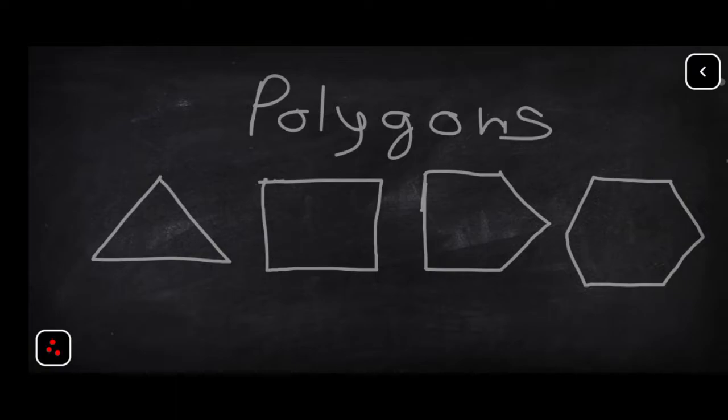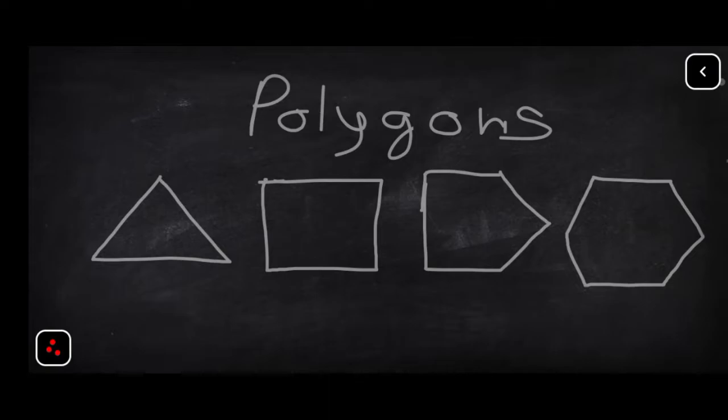Polygons with 3 sides are called triangles. Polygons with 4 sides are called quadrilaterals. Polygons with 5 sides are called pentagons, and so on. Because this chapter is on quadrilaterals, we will discuss quadrilaterals deeply later in this chapter.